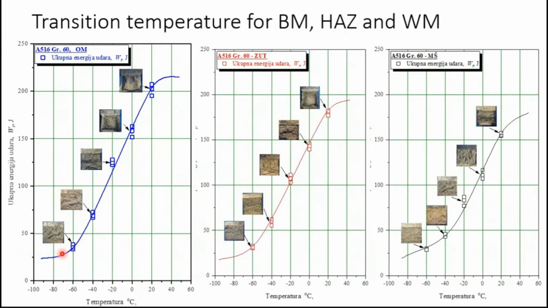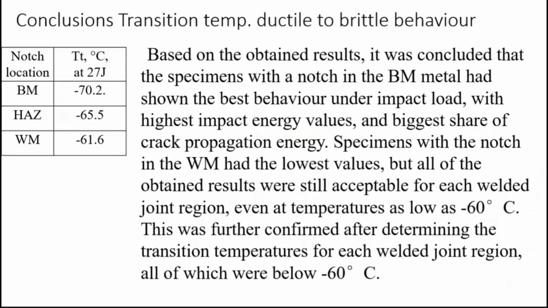It would be somewhere here for base metal, somewhere here for heat-affected zone, and somewhere here for the weld metal. More concretely, base metal had it at -70, heat-affected zone at -65, and weld metal approximately at -62.